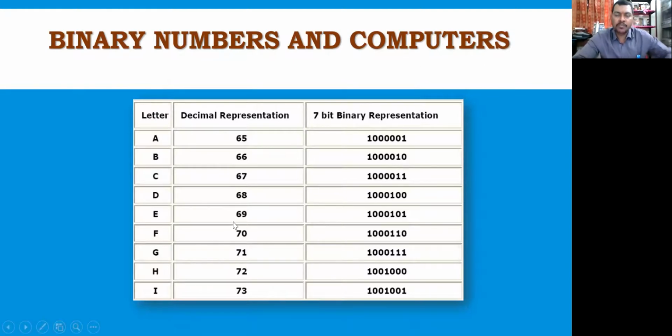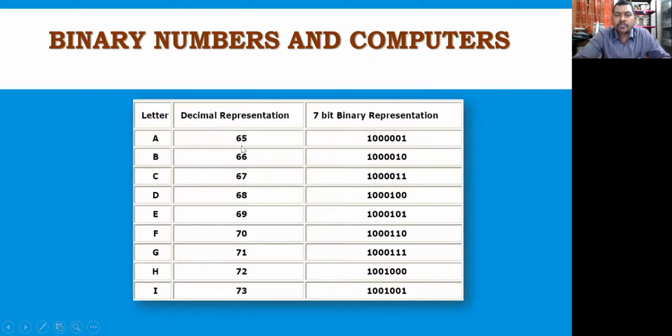So the letter A, which we type on the keyboard of the computer, represents a decimal number, which is 65. I'm going to show you that numerical table, and the 7-bit binary representation of that particular number is like this: 1000001, right?